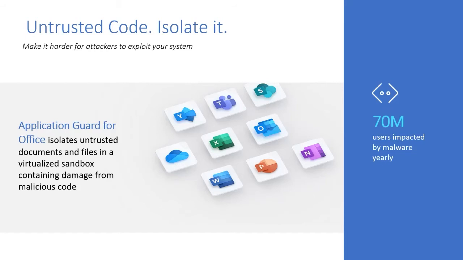The main difference here is the type of sandbox used by Application Guard. In this case, it leverages the Hyper-V based capabilities which are built into the Windows platform, and uses that to isolate the untrusted code.